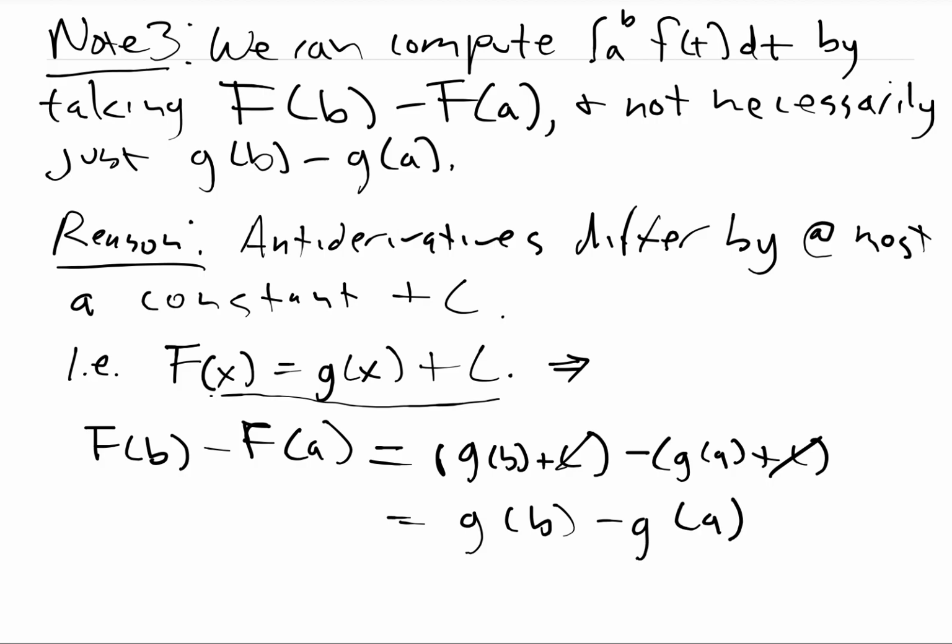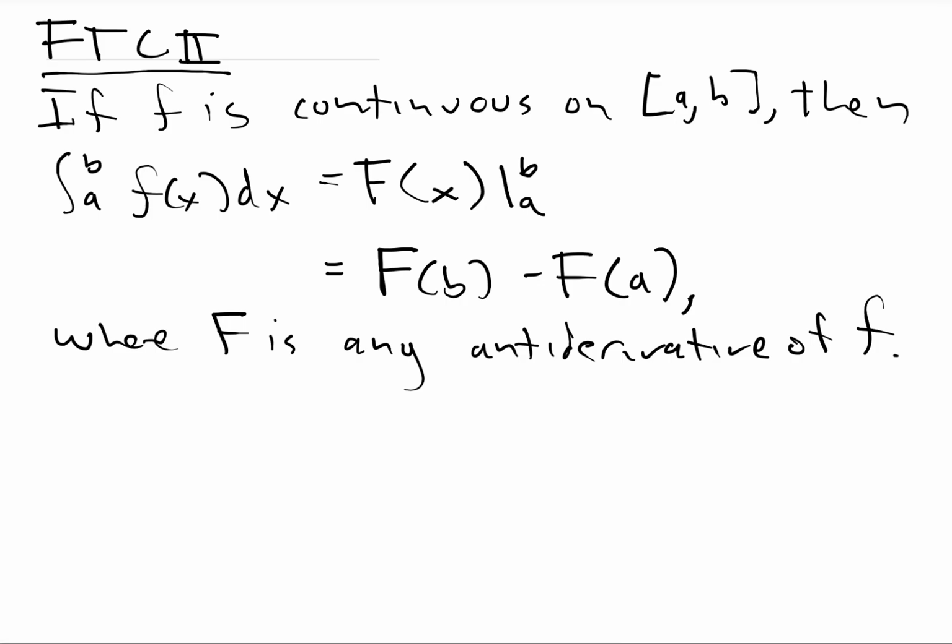So honestly, regardless of whatever the constant was, if we got one antiderivative versus another, it doesn't matter. You can use any antiderivative to pull this trick. Now, if I throw all that together, what I'm getting is the fundamental theorem of calculus part 2. The conclusion of those last three observations is that if we have a continuous function, which was an initial assumption for FTC II, then I can evaluate my definite integral from a to b of f of x dx by taking an antiderivative and then substituting in my bounds.